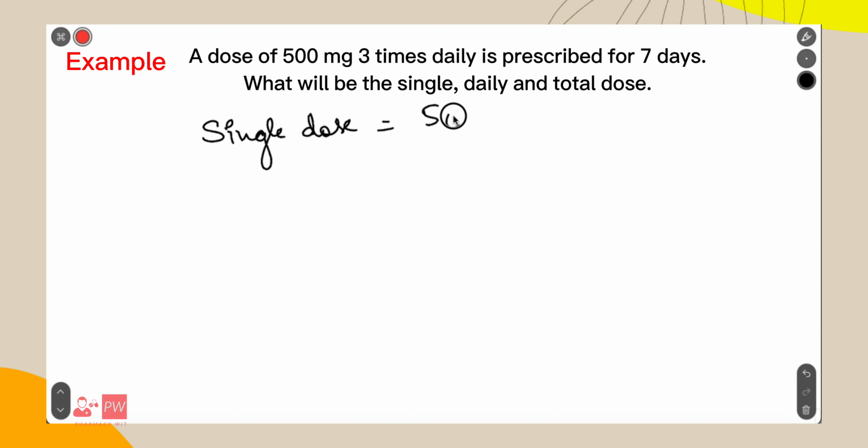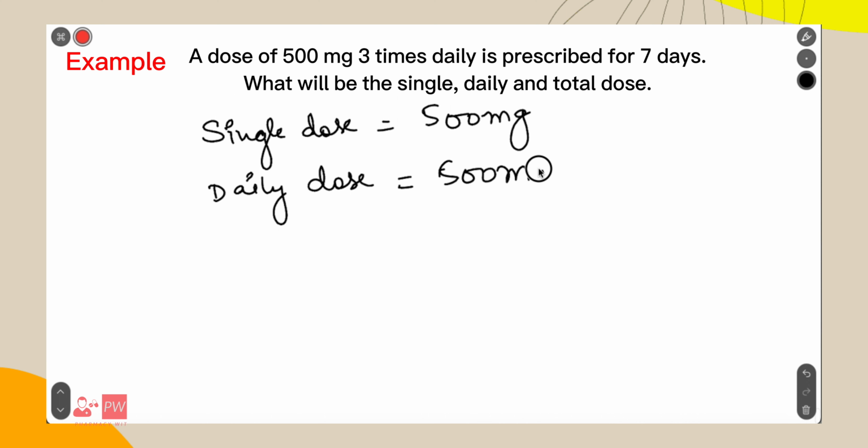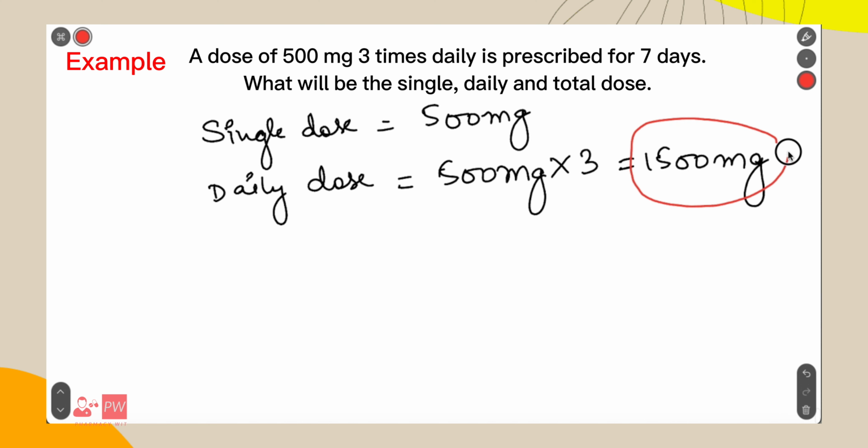Single dose will be 500 mg. But here the daily dose is different because this dose is prescribed 3 times per day. So we have to multiply by 3. What will you get? 1500 mg. So this is the daily dose which is prescribed.